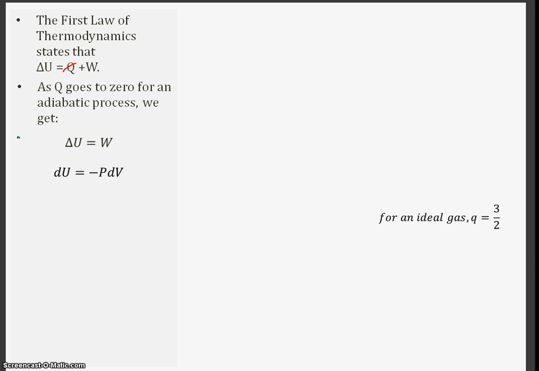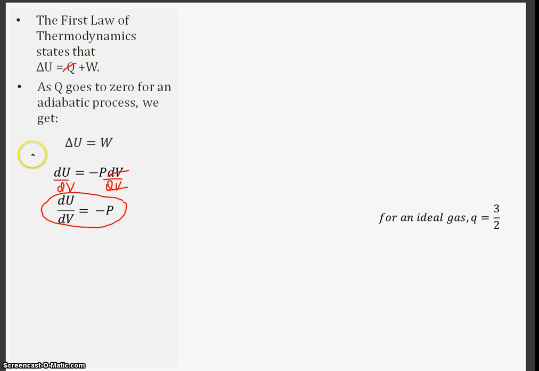So we're going to take this equation and divide both sides by dV. Then the dV's go away on the right-hand side, and we are simply left with dU/dV is negative P. We're going to draw a little ellipse around it and keep that in mind because we're going to come back to that a little bit later.